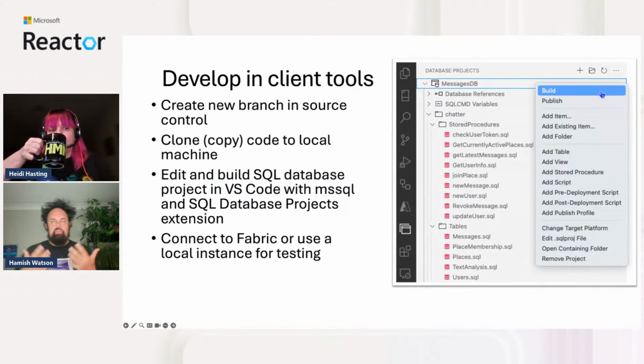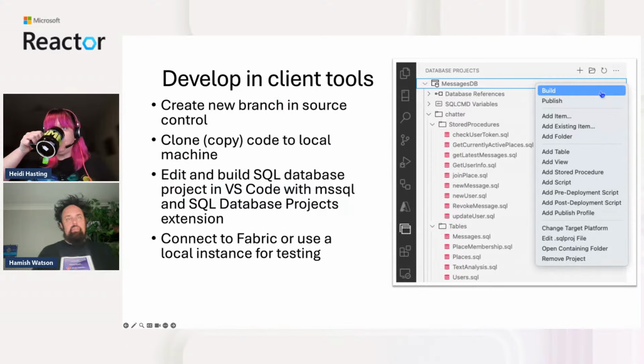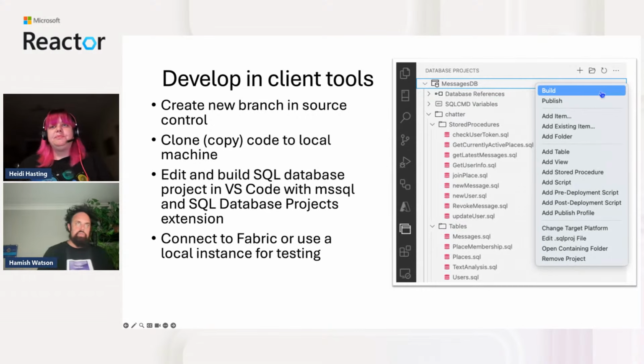So, we mentioned VS Code or Visual Studio, and from the get-go within VS Code, I can create a new branch in source control. I will copy down or clone the code to my local machine and work on it there. It allows me to edit and build the SQL database project in VS Code with MS SQL and of course SQL database projects extensions.